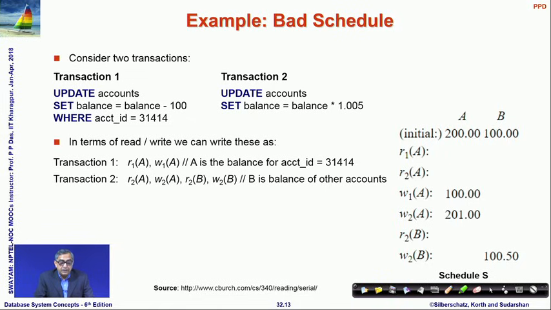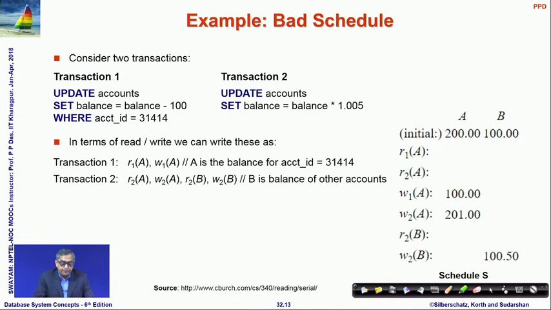So, it performs this balance update on each of the accounts, including account A that we assumed in transaction 1. We model that by saying that for changing the balance to balance times 1.005, we need to read A. The read is done in transaction 2, so that is R2A, and write it back, so that is W2A.